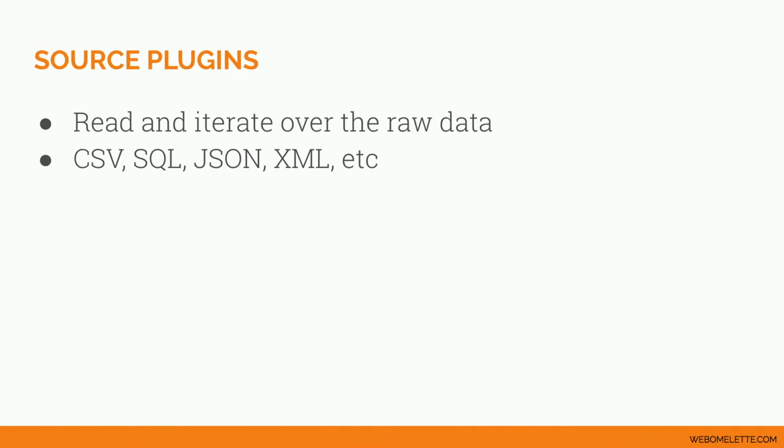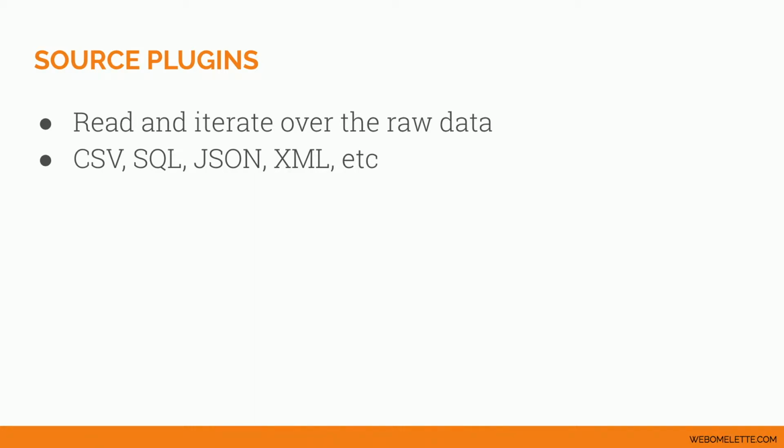And this data can be CSV, SQL, JSON, XML, whatever. We have a bunch of them already, both in core and in contrib, but if not, you can write your own. They're not the easiest, well, they're also not difficult, but with the iteration you need to make sure that the data source is correct.